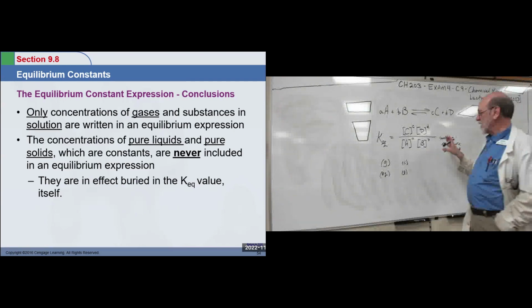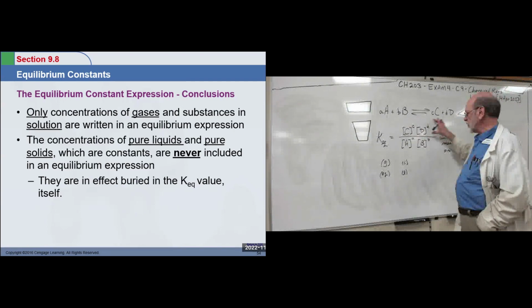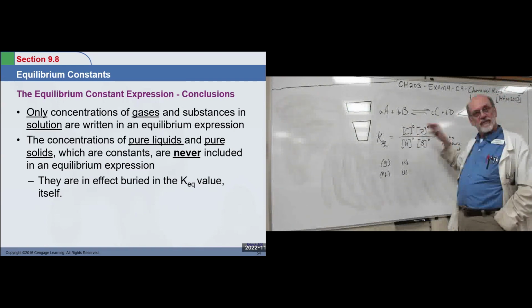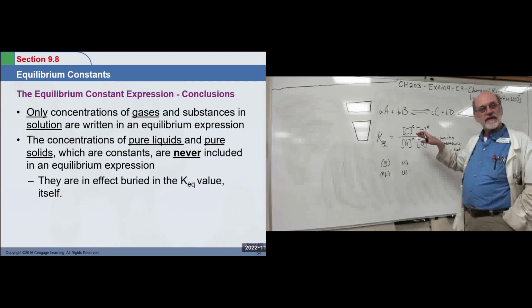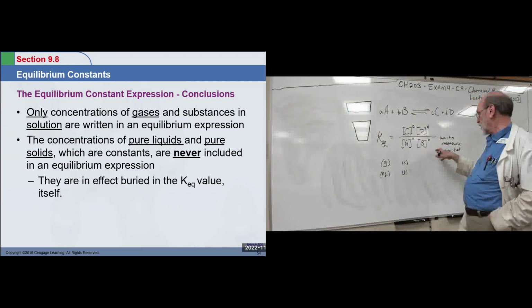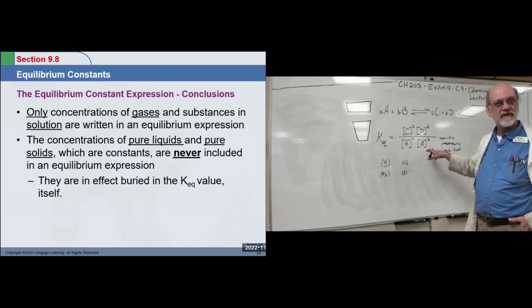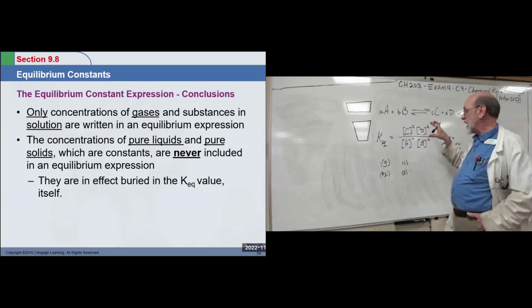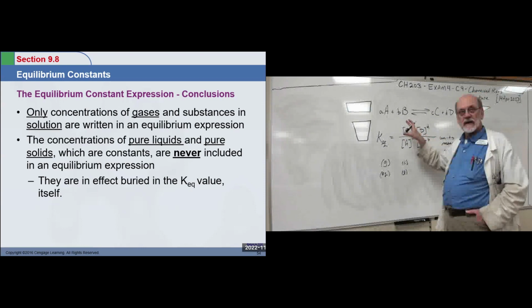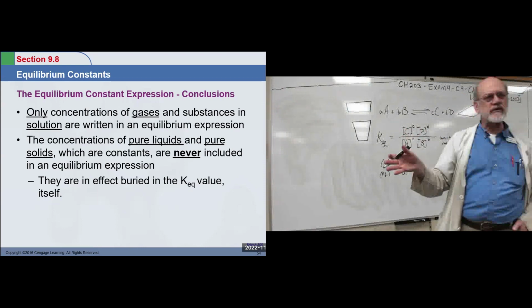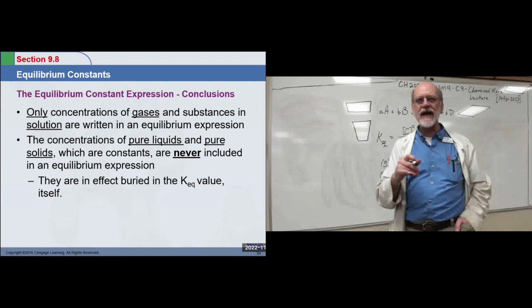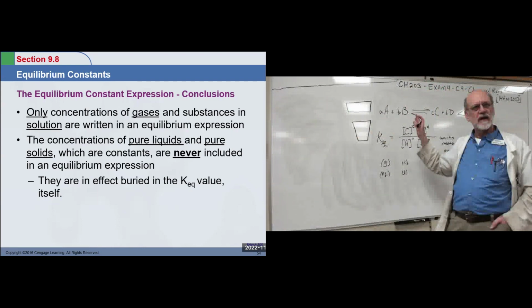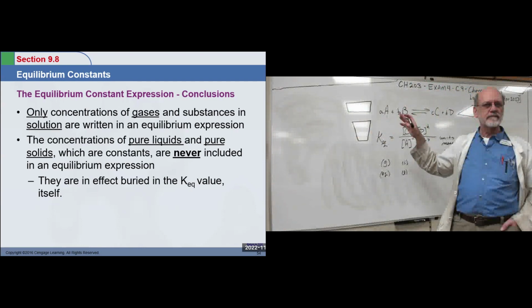Because with any number of products and reactants and their powers, the sky's the limit for the units of measure. So we just leave the units of measure off and we're meticulous about the expressions. If you look at any reference manual for standard K values for a reaction, they won't have units with them.